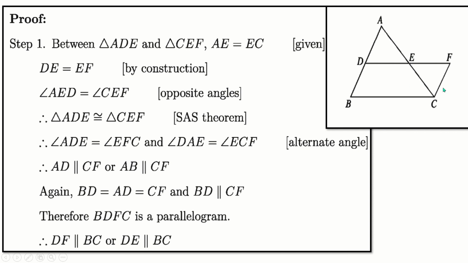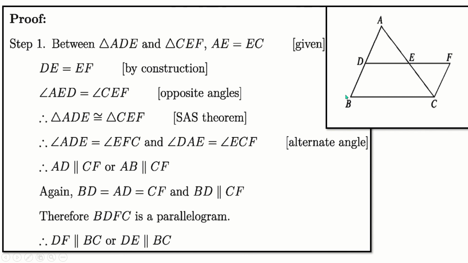This and this are alternate angles. As a result, AD is equal to CF. AD is parallel to CF, because these angles are equal and alternate. So AD is parallel to CF. AD and AB are the same line, so we can say AB is parallel to CF. Clear everyone?